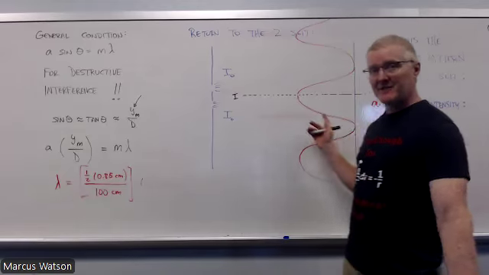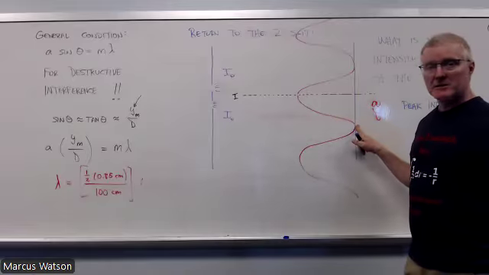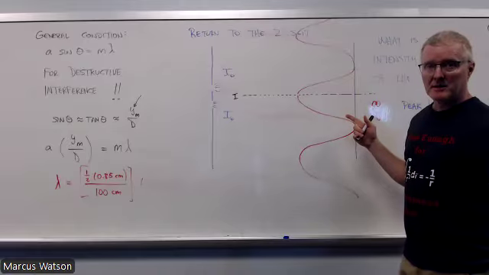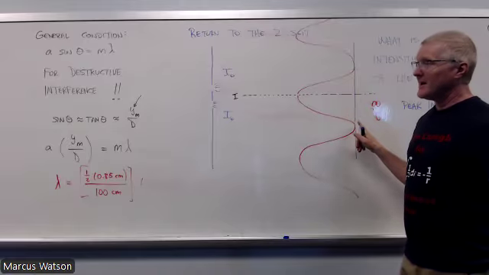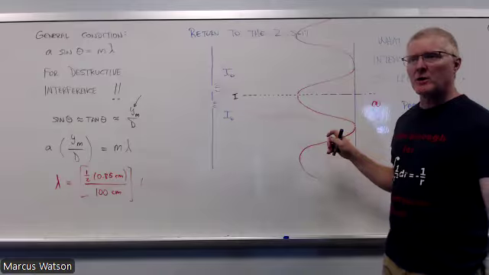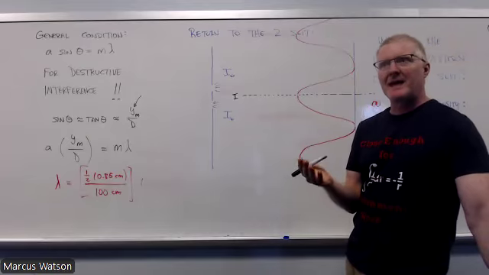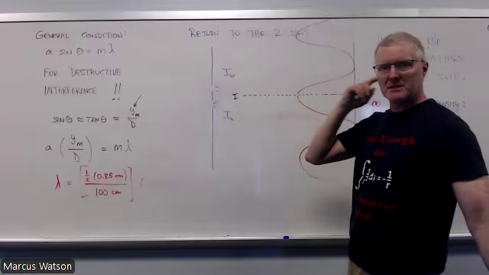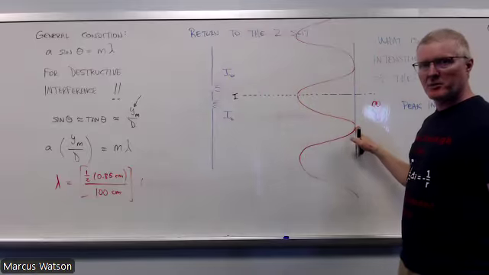Because light is definitely hitting the screen at this point. It has to be. It's destructively interfering though, so what's happening with the energy that is coming out of the slits? What's happening with the energy at this point?